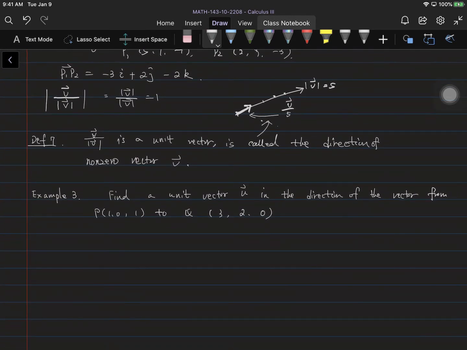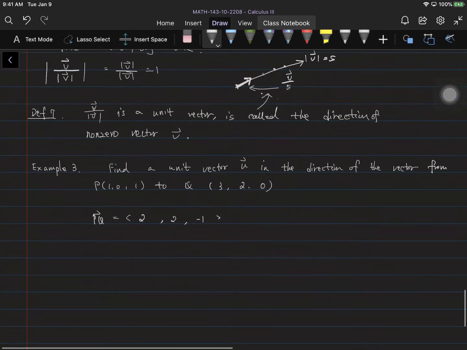Firstly, the vector is from P to Q. Let's find the PQ vector first by using terminal point minus the initial point. We know there should be 3 minus 1, 2, 2 minus 0, 2, 0 minus 1, negative 1. This is the PQ vector, right?